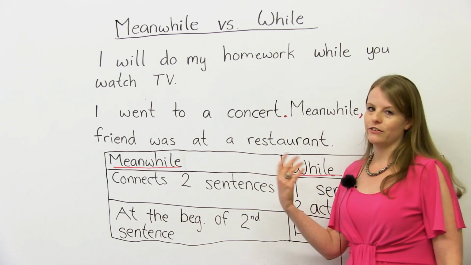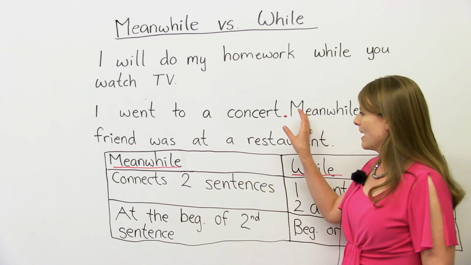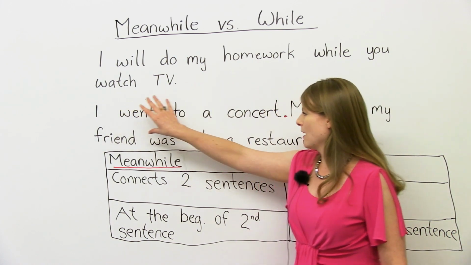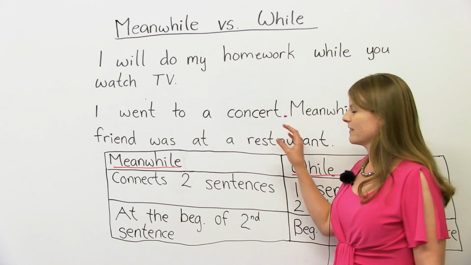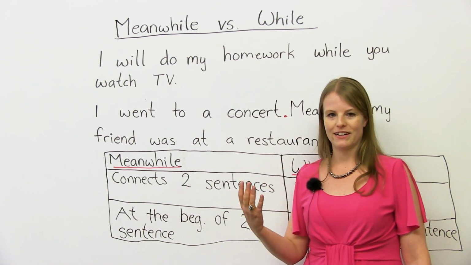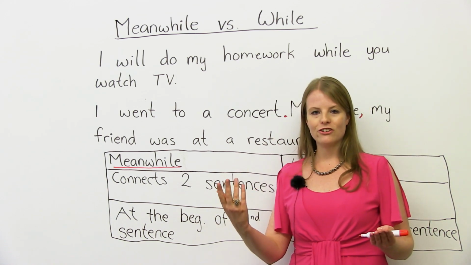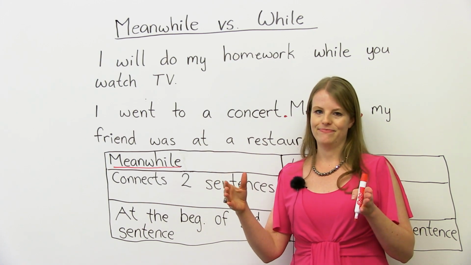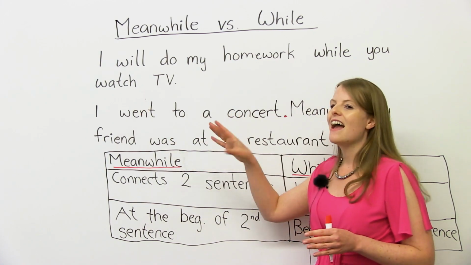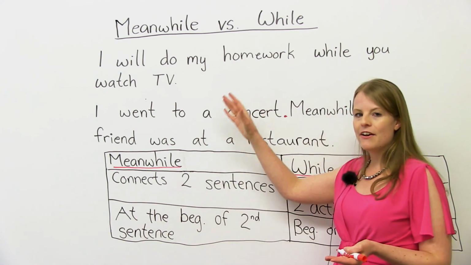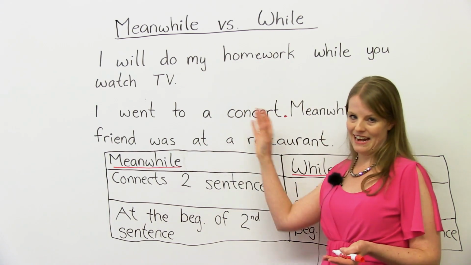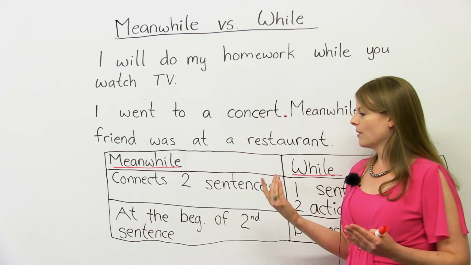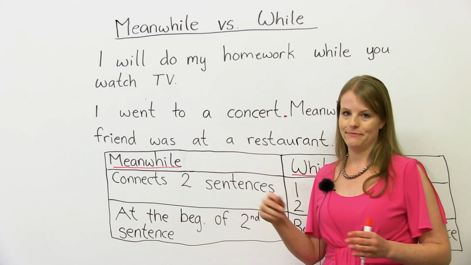Another thing that's important to know is that you can't have meanwhile here: Meanwhile, I went to a concert, my friend was at a restaurant. It doesn't work. It always has to be two actions, and meanwhile goes between these two actions. So there's always a sentence about an action, and then meanwhile with the second action. Okay, so it connects two sentences.